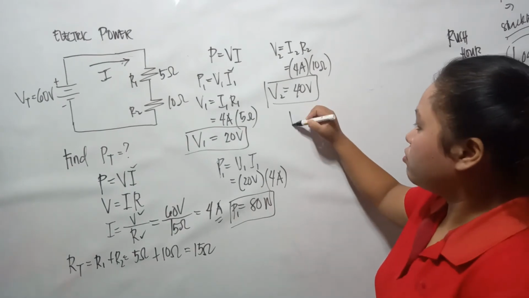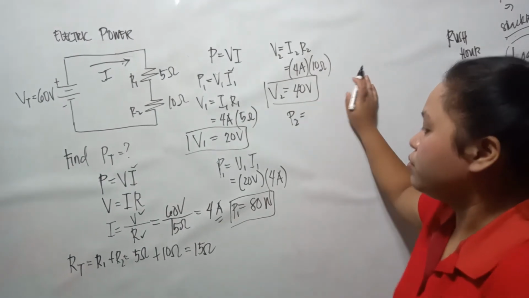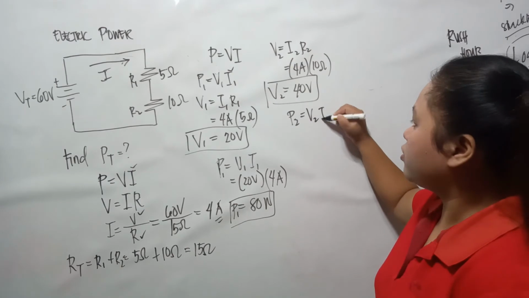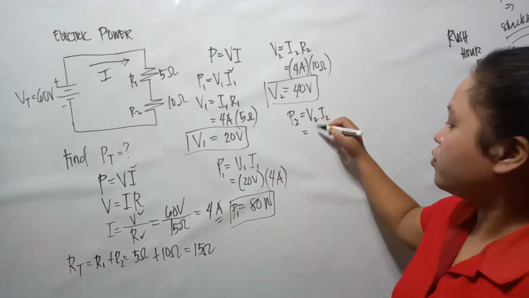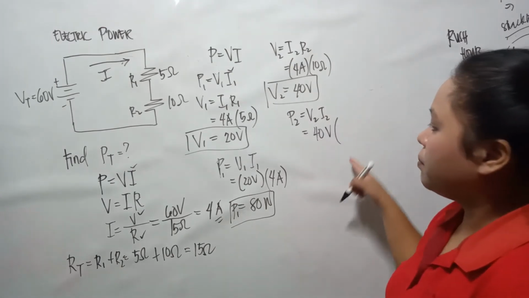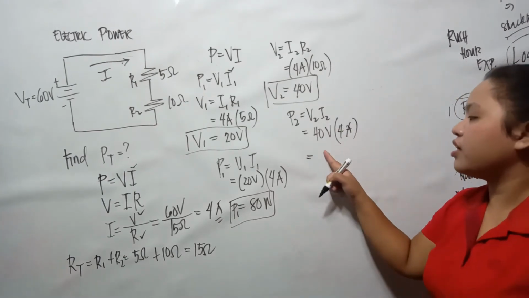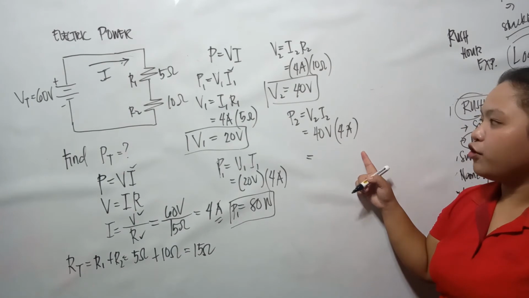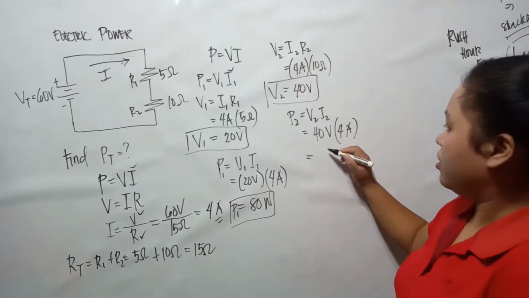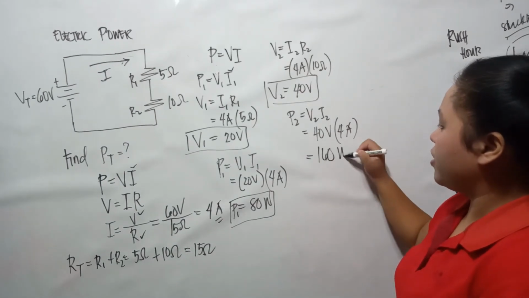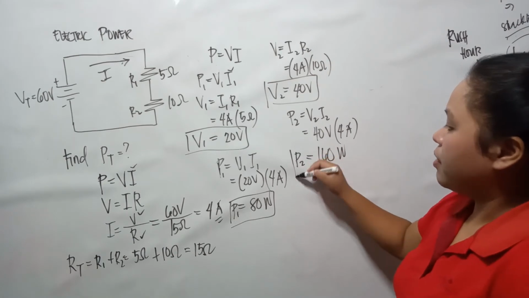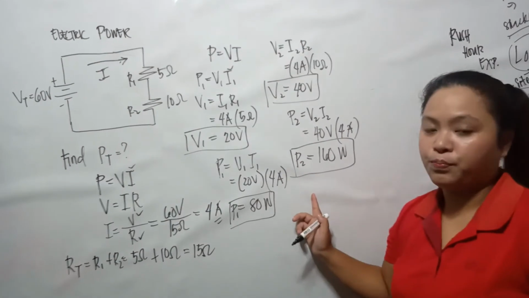Next, the power dissipated in resistor 2. We have V2 I2, so the voltage is 40 volts multiplied by the current of 4 amperes, which is equal to 160 watts for the power dissipated in resistor 2.